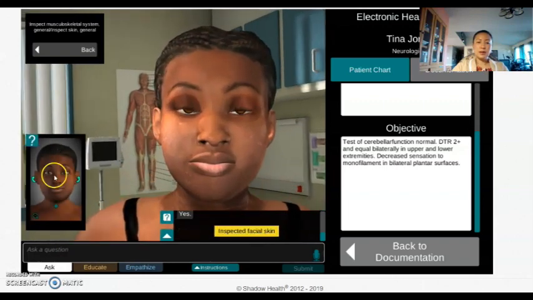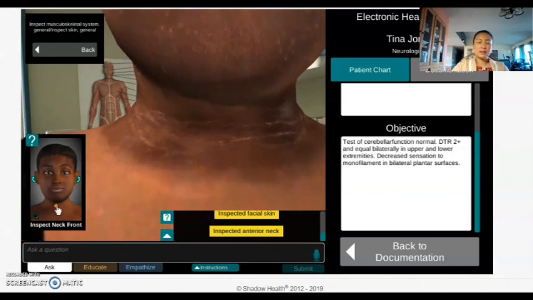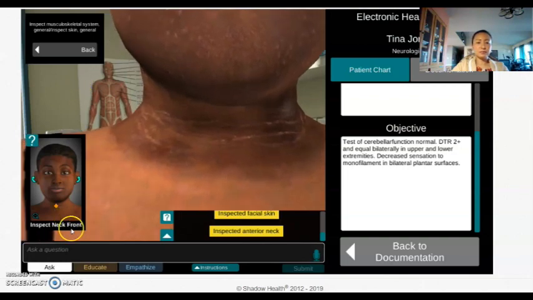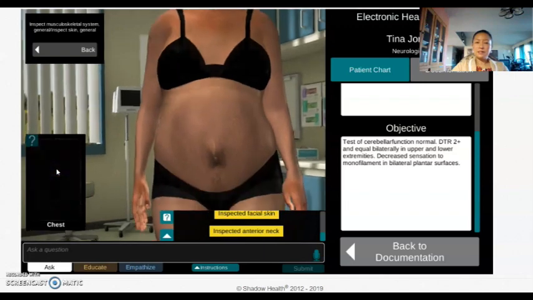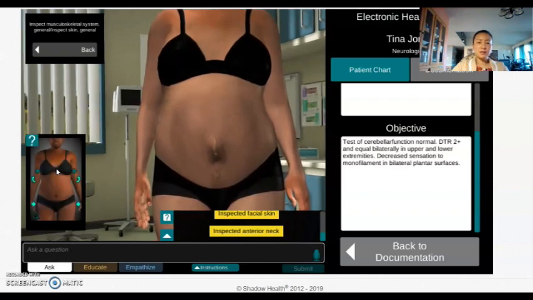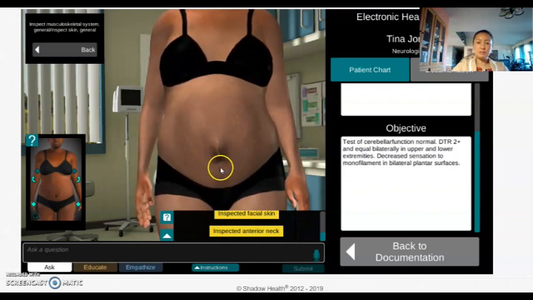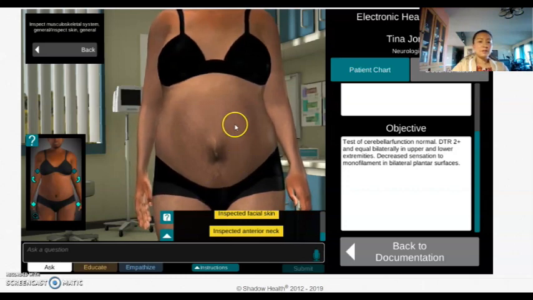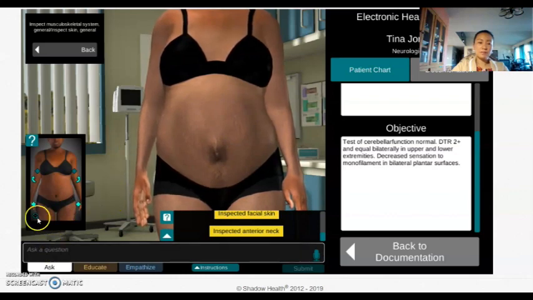And right now I can see it's like Acanthosis nigricans on the neck front. So inspecting the skin in the abdomen, there is discoloration in the navel area. There is coarse hair present between the navel and the symphysis pubis. There are stretch marks in front of the abdomen.